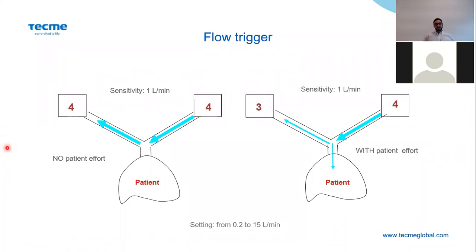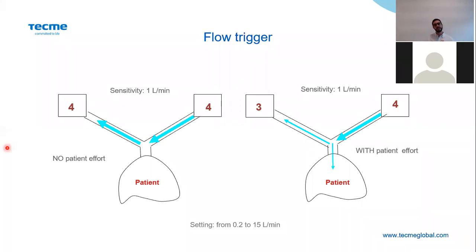So for example, if you are setting a really low value in the inspiratory sensitivity, maybe if the circuit or patient moves or something like that, it can generate an auto triggering, or if the patient is coughing or something like that, it can generate an auto triggering.